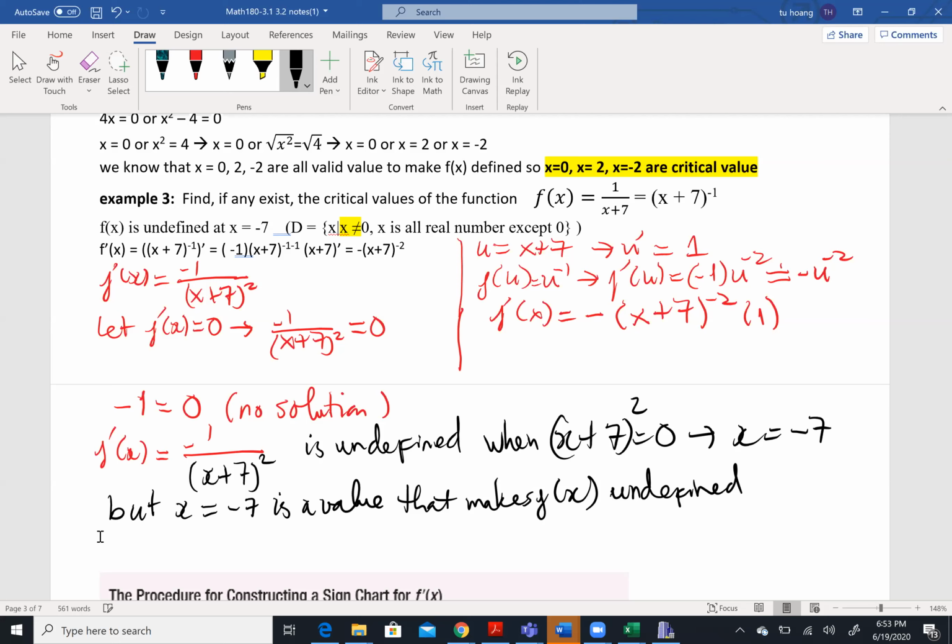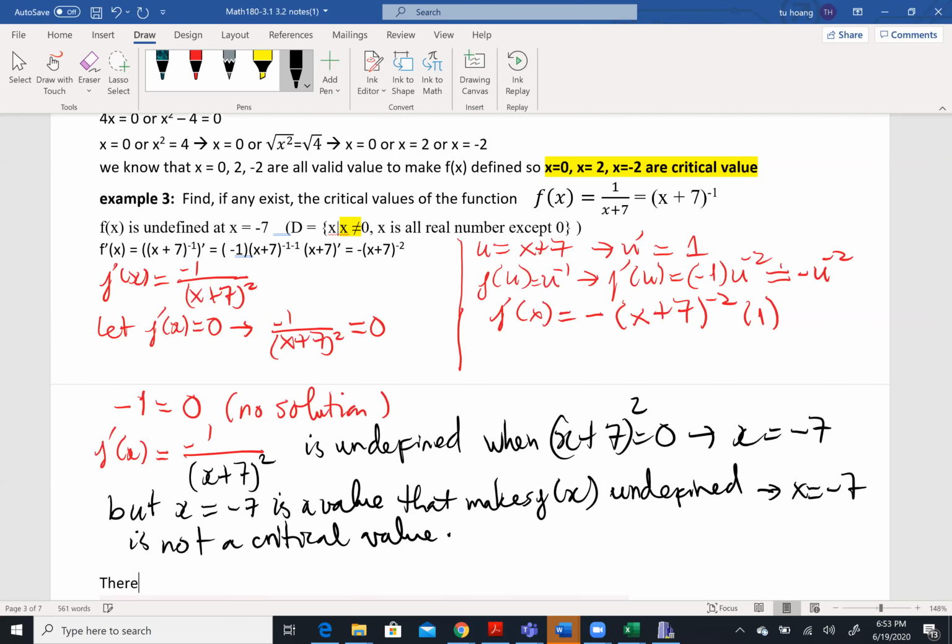So you cannot use this value as a critical value, right? So x equal to -7 is not a critical value. Okay, so the answer for this question is that there is no critical value for this function.